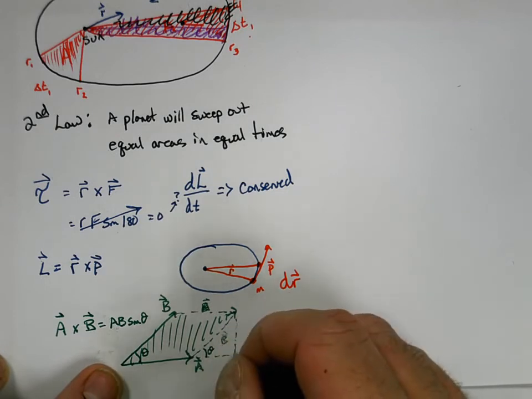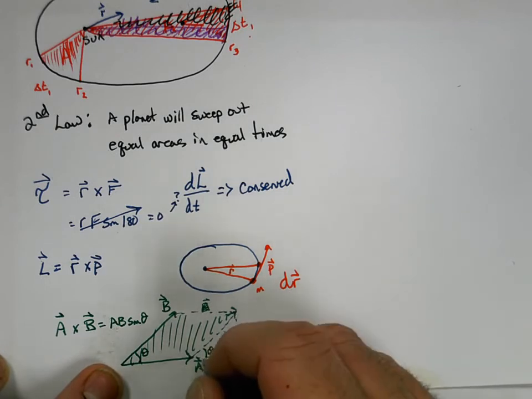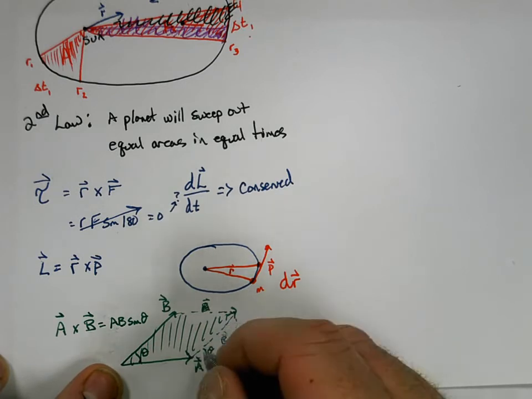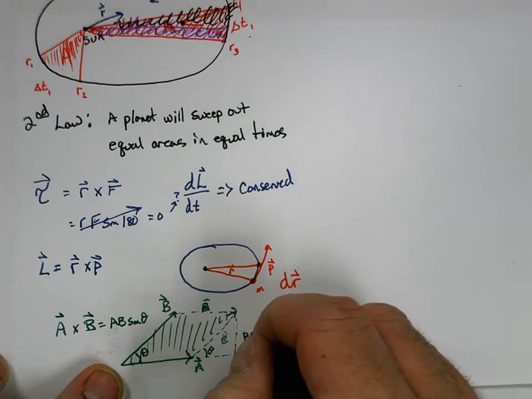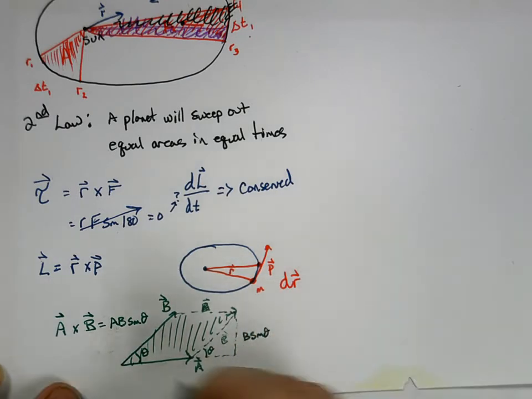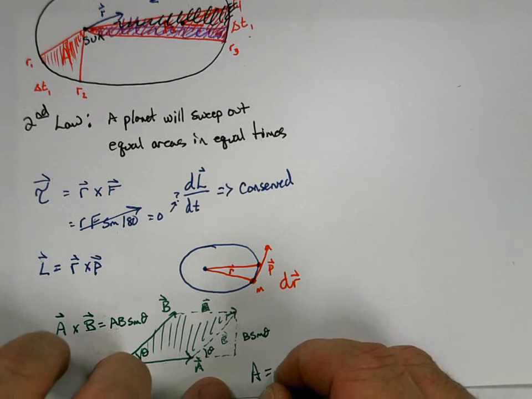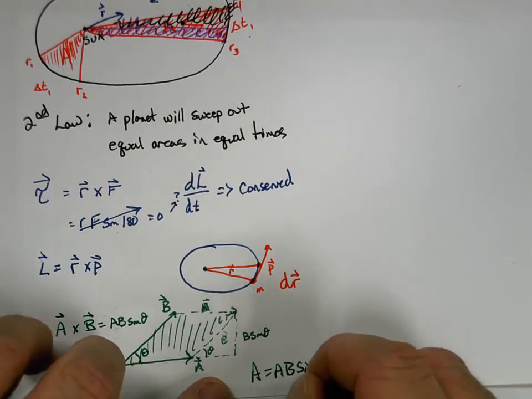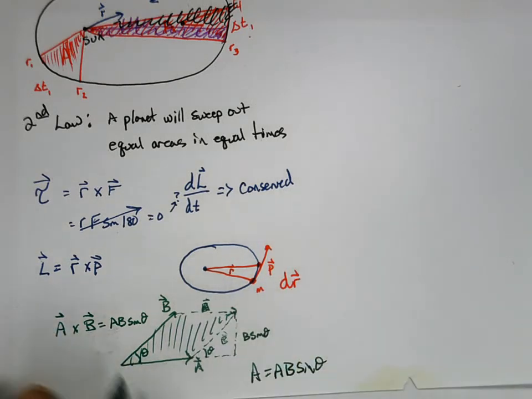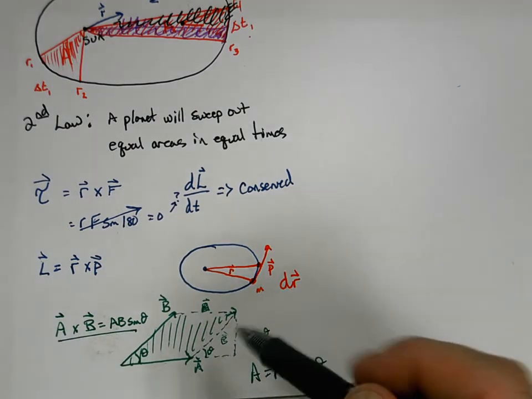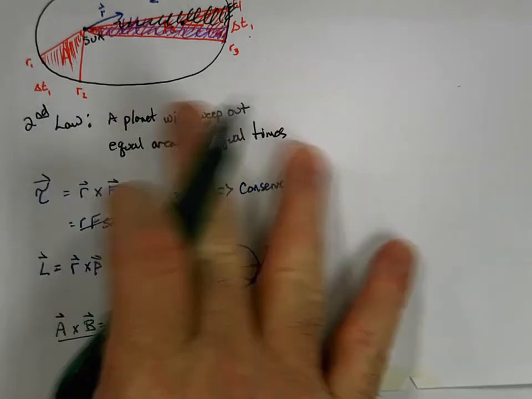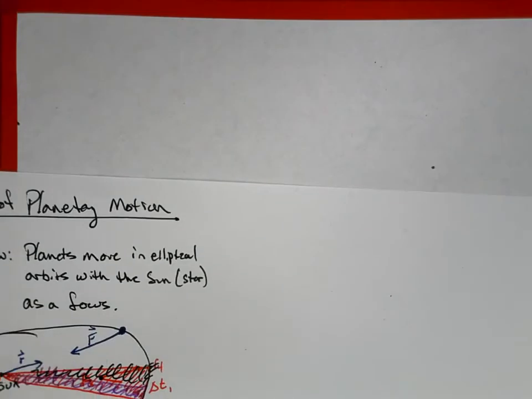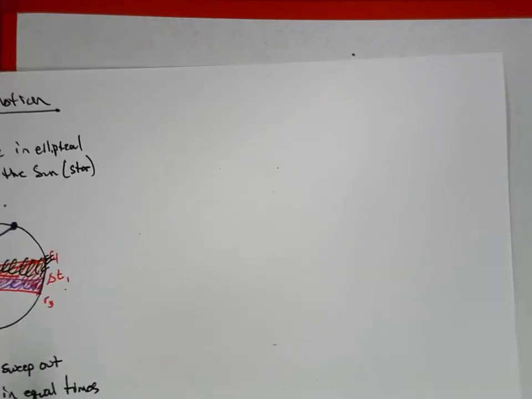This is going to be B sine theta. And so the area of this equals A times B times sine theta. So what we're actually finding, when we take the magnitude of the new vector, is the area of the parallelogram that we draw with these two vectors. So what does that tell us? That's getting us back into the idea of our area.